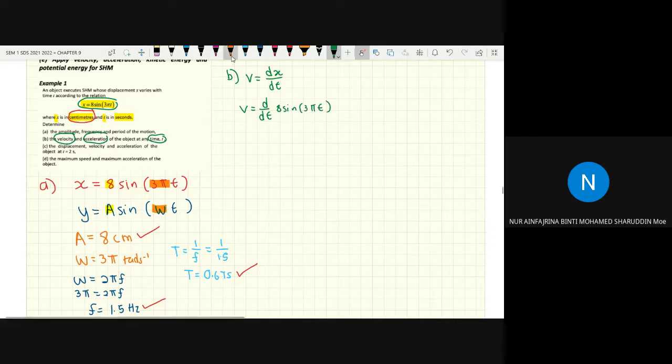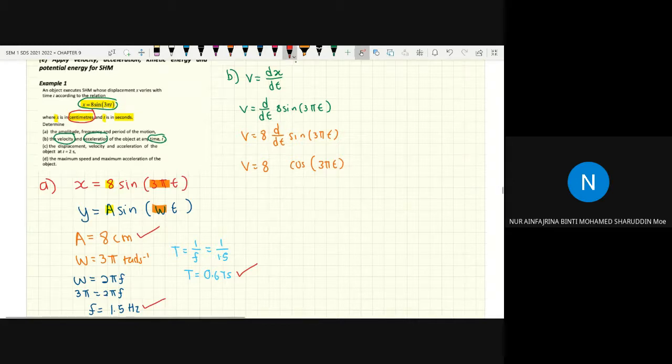Macam I cakap dekat you all, yang mana Miss tak boleh differentiate respect to time, Miss akan bawa dekat depan. So Miss akan dapat d/dt sin 3 pi t. Now when you differentiate sin, you akan dapat apa? Cos. Okay, but cos salin balik the whole package 3 pi t.